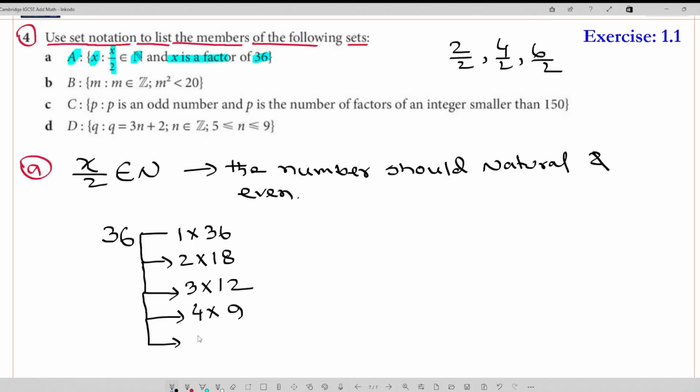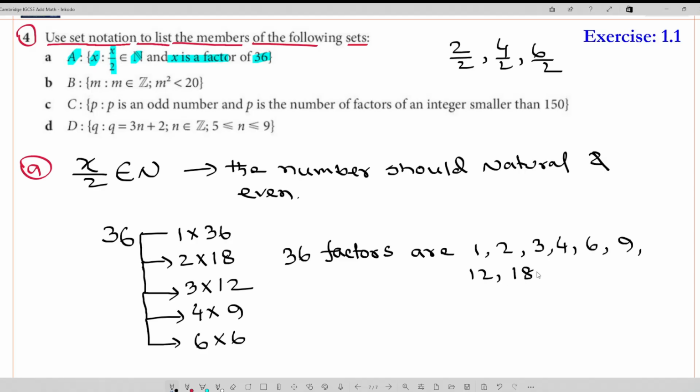And finally we get 6 times 6, also 36. So the factors of 36 are 1, 2, 3, 4, 6, 9, 12, 18, then 36.